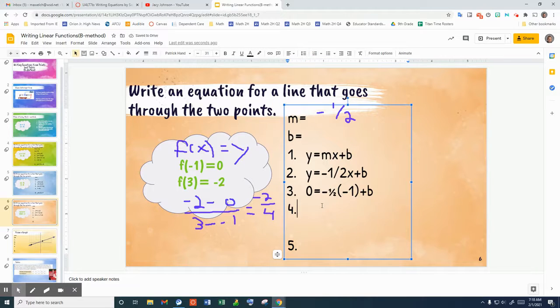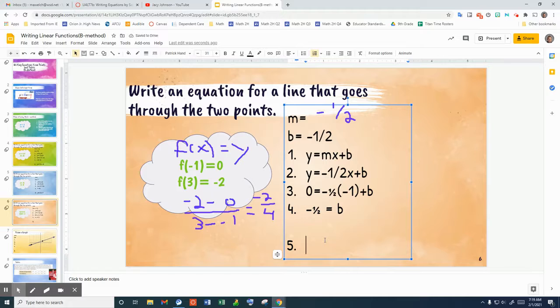Now, we just solve for b. -1/2 times a -1 is a +1/2. Now, I have a +1/2, and I subtract that from both sides in order to get b by itself. So we know that -1/2 is equal to our b value here. Now, we have -1/2 as both our slope and our y-intercept. That's just a coincidence. That doesn't mean it's always going to happen when you have fractions or anything like that.